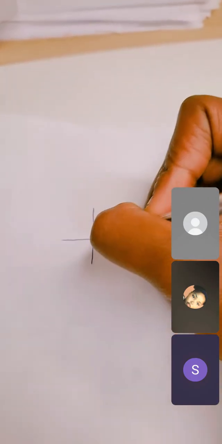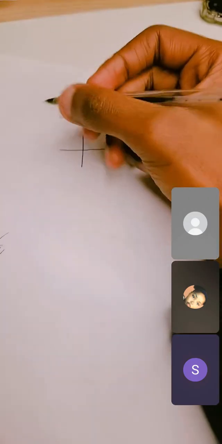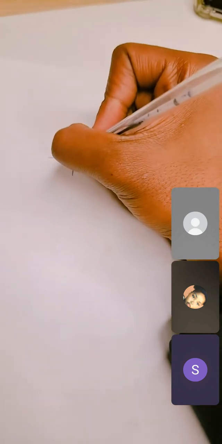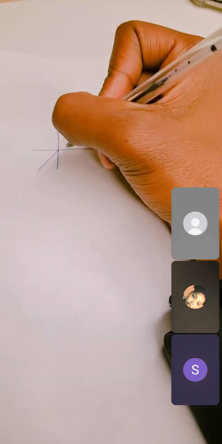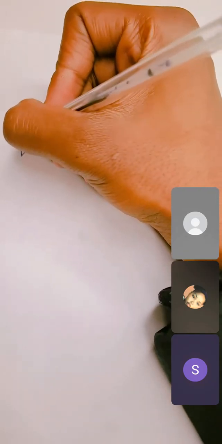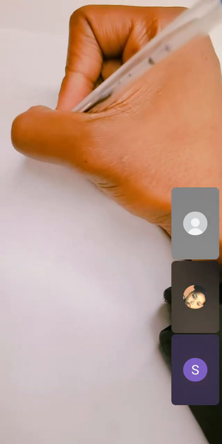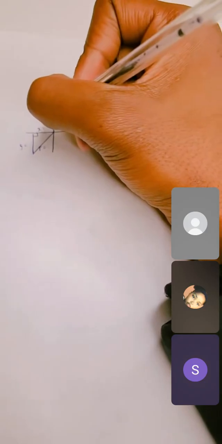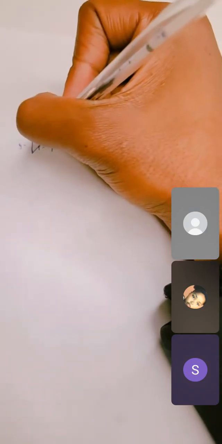So then we go, guys, and we draw. How difficult is this? Third quadrant. You draw your terminal arm. You complete your right angle triangle. You write R, you write Y, and you write X. You put theta there.